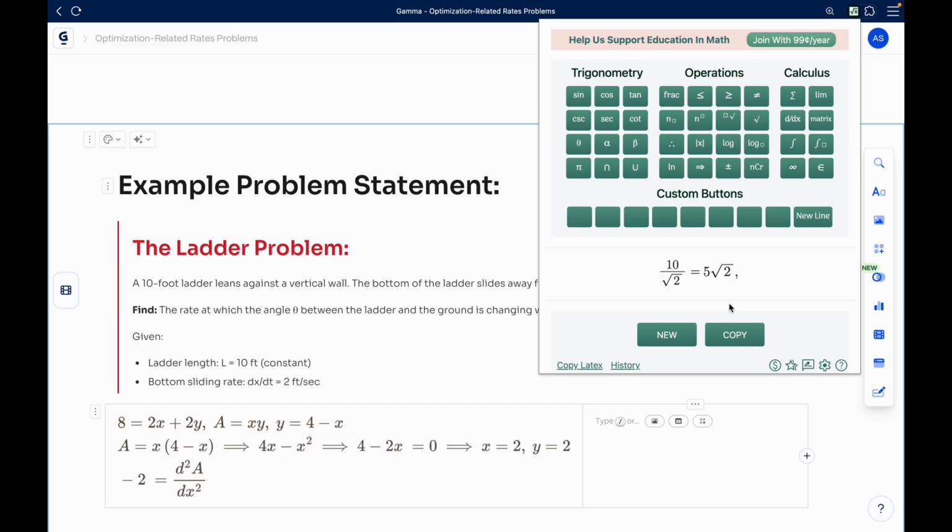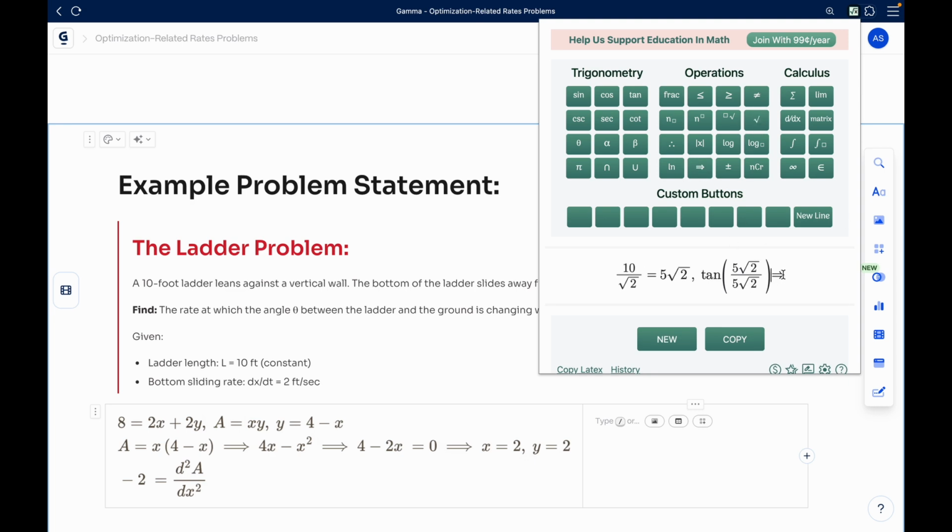Now, the next thing we need to do is find the angle theta at this optimal area. We can say the tangent of the angle is the ratio of the two sides, and since they're the same, we divide them by each other: 5 times the square root of 2 divided by 5 times the square root of 2.